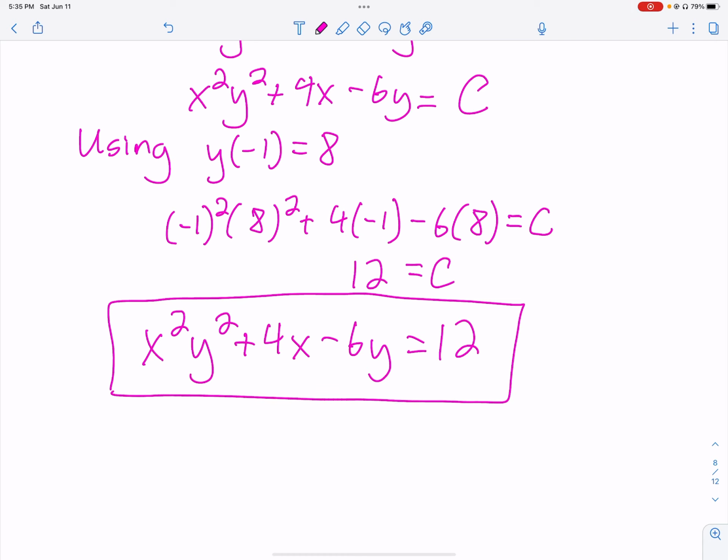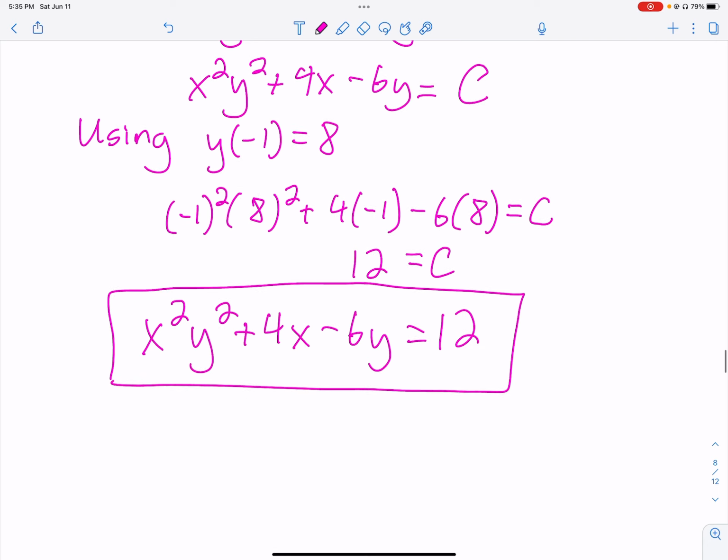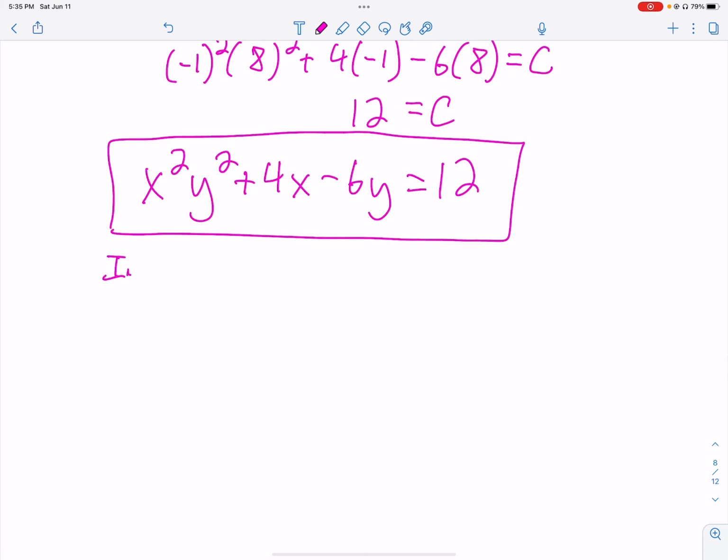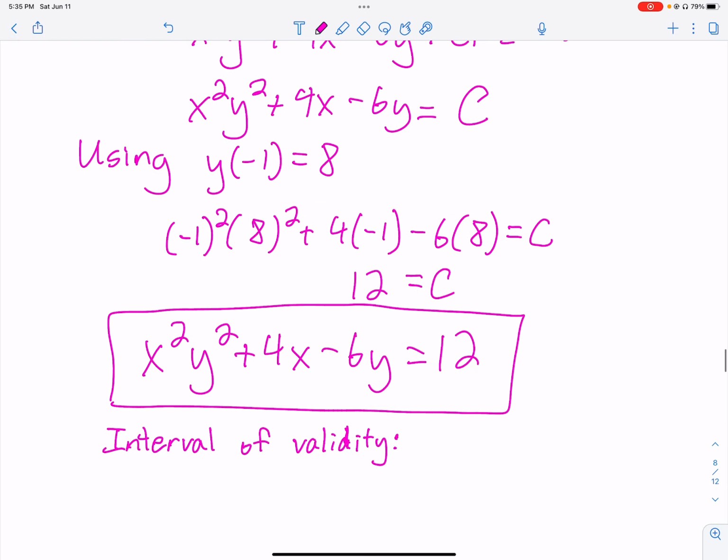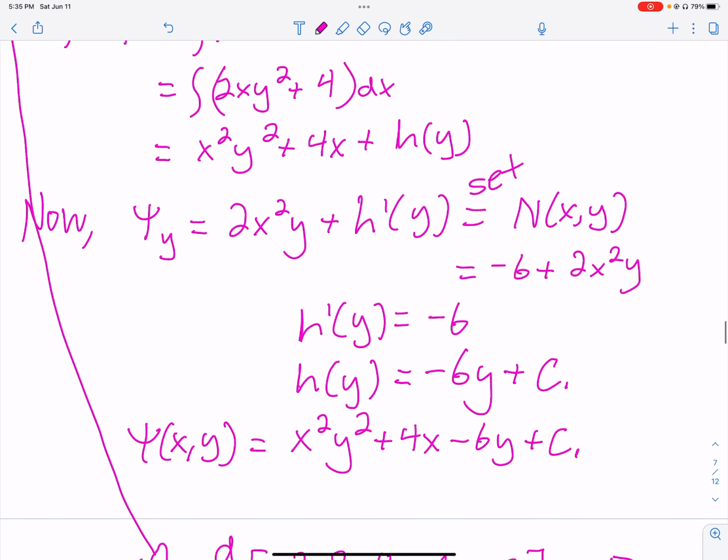And that's my answer to my exact differential equation. Now, they said interval of validity. What this means is we need to check everything that we can plug in, and then say where we could plug that in. I'm not too concerned. This won't be worth very much on a test. I'd be more worried about can you solve the DE. The interval of validity here, let's go through our problem.